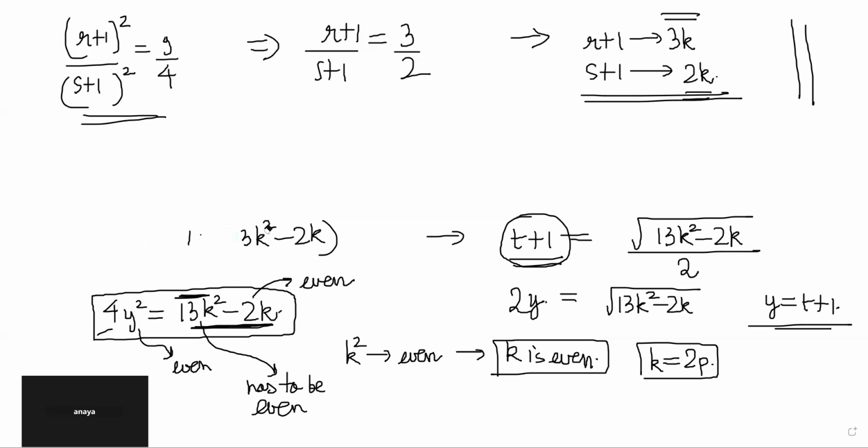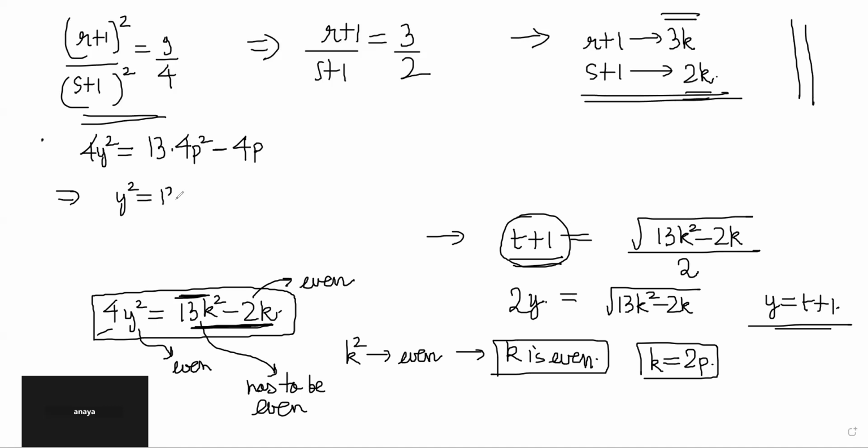We will get 4y square is equal to 13 k square, k is 2p, so k square is 4p square, minus 2 into 2p, so 4p. So we are getting y square is equal to 13p square minus p, where p is some integer.